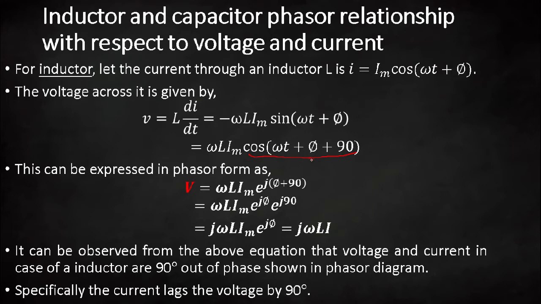You can easily convert using Euler's theorem. What is Euler's theorem? e raised to j phi can also be represented as cos phi plus j sin phi.